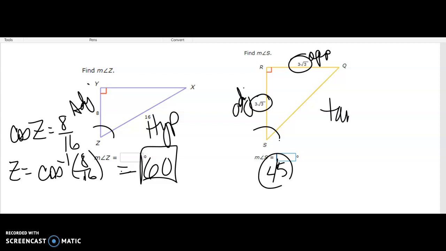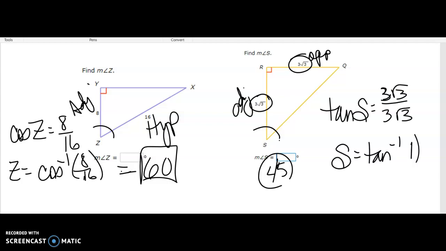So tangent of S equals opposite over adjacent. If you still need to use your calculator on this, please know that 3 square root of 3 over 3 square root of 3 is 1. So if you're looking for S, you would do inverse tangent of 1, and you will get 45.